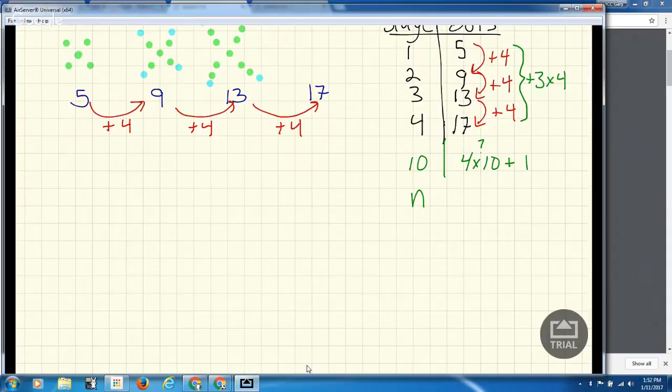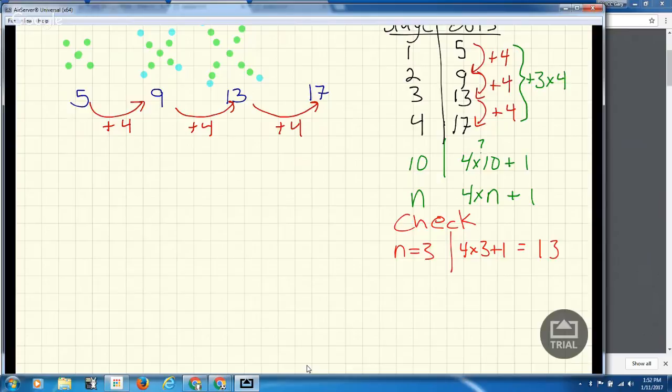But I think what I would do is take 4 times the stage that I'm at, and then add 1 to that, and that should give me the number of dots. So just double checking that, if n equals 3, this formula says to take 4 times 3 and add 1. 4 times 3 is 12, plus 1 is 13. Is that what we had? Check it out, it works.